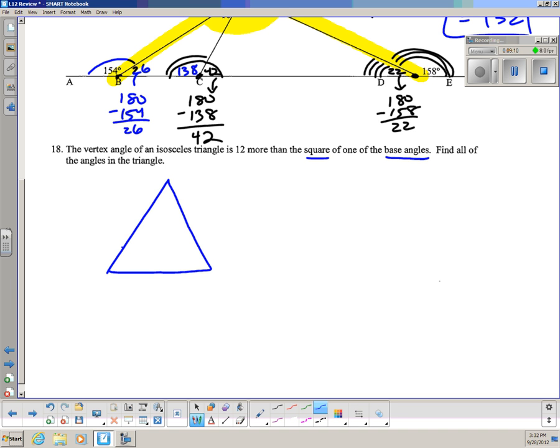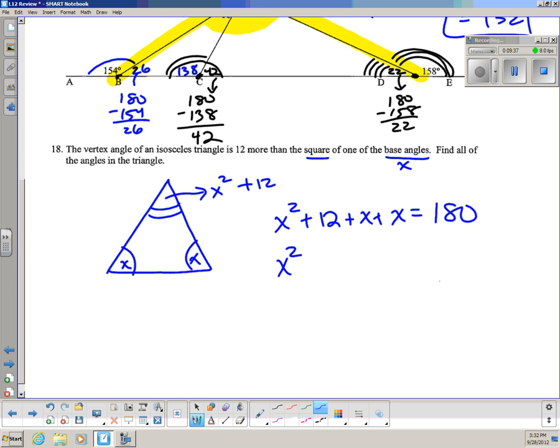So I'll draw this. My vertex angle is the odd man out. And the vertex angle is 12 more than the square of one of the bases. That's how I can translate it. And the base angles, therefore, their measures are represented by x. So I have the three angles of a triangle labeled. So I can add up those three angles and sum them to 180 degrees.